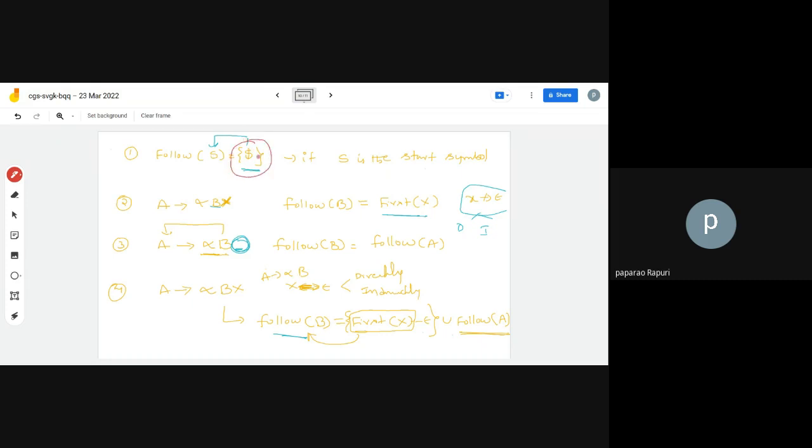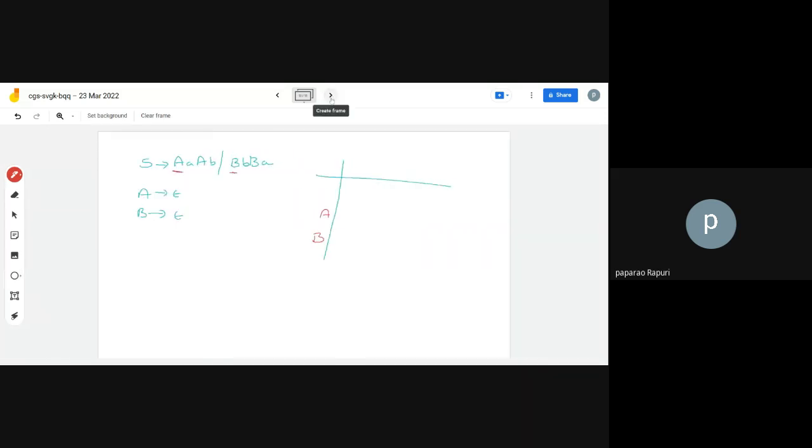So we need to add the start symbol also. Here the start symbol is S, and the remaining non-terminals present on the right hand side of the productions are A and B. For all of these we need to construct follow.